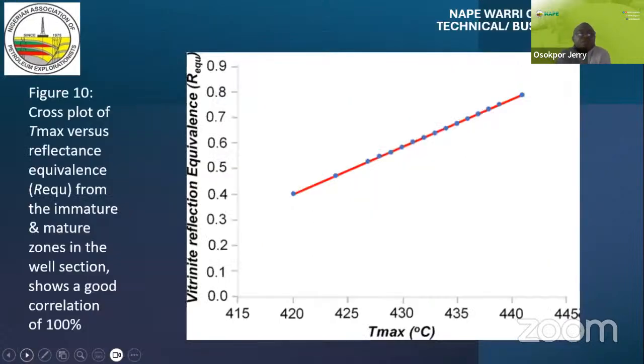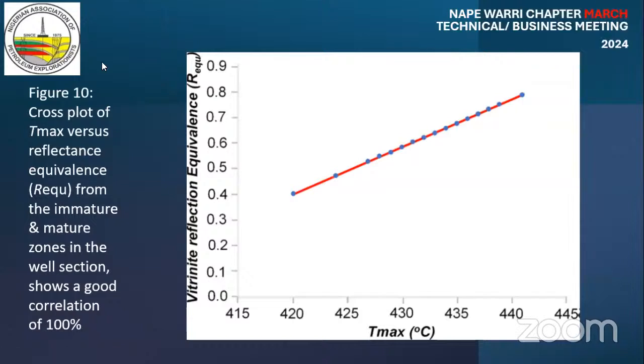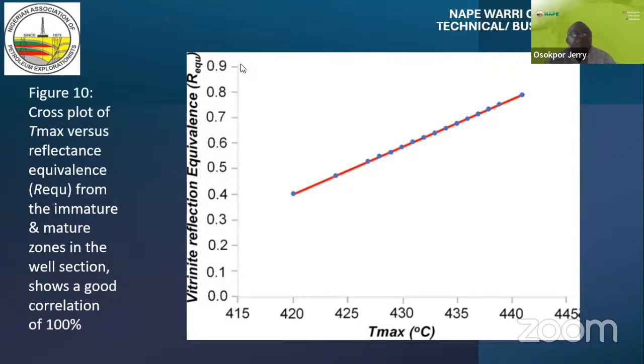Now, for us to be sure that what we are looking at is right, are you in figure 10? I'm using my slide. Are you in figure 10? Yes, I am. Good. For us to be sure, we have to do further verification. We have to cross-plot the reflectance equivalent data sets with Tmax for the well section, and a great correlation was achieved with this.